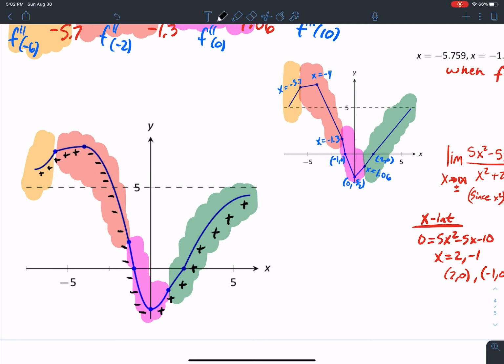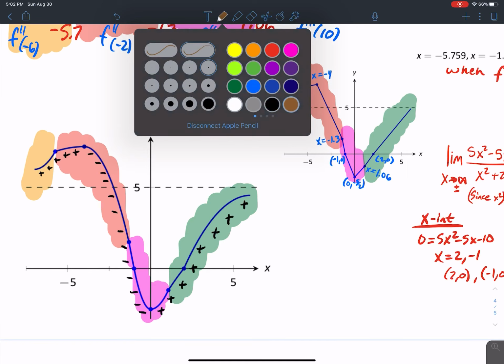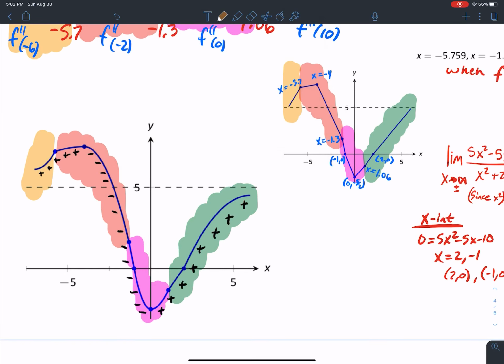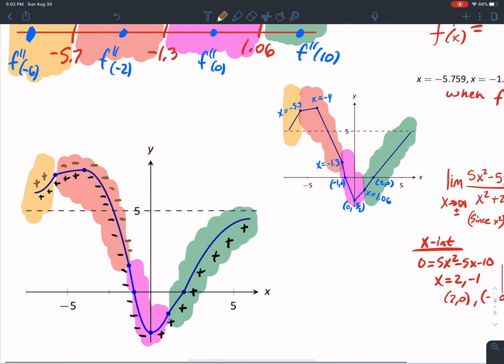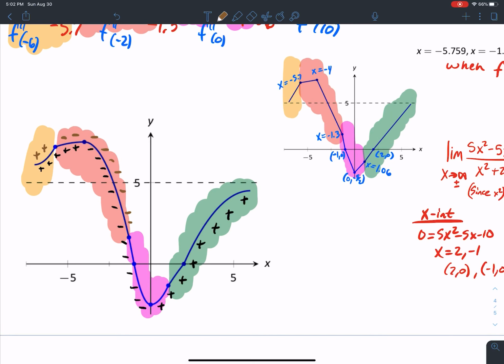And now on the top side, we do our concavity. So we're concave up here, positive. And then all of a sudden we switch to concave down, negative. Then we're concave up, positive. And then we switch to concave down, negative.